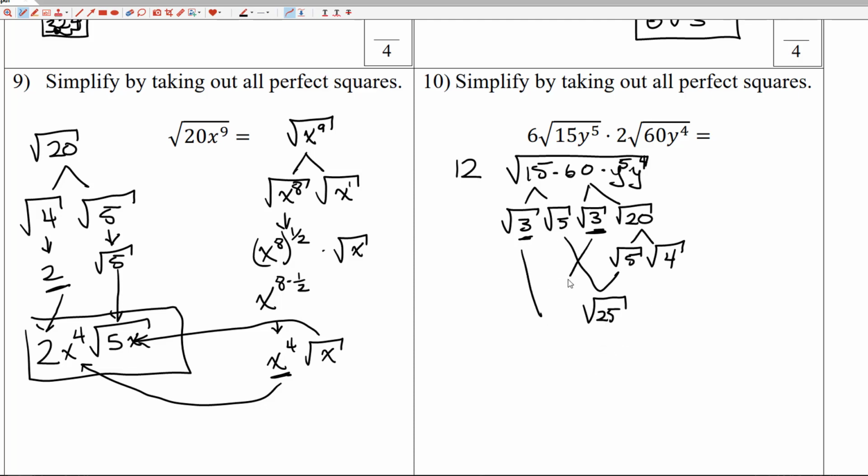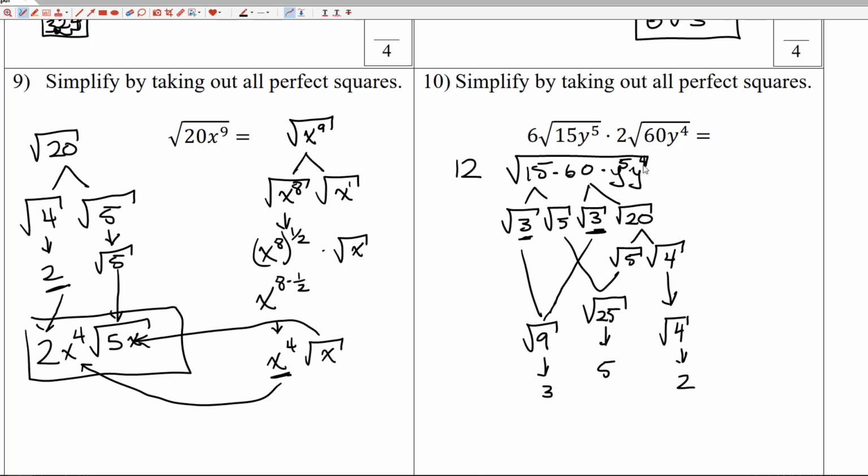These two together make the square root of 9, and then I still have the square root of 4, which actually works out really nicely. Check that out. Because this turns into 3, this turns into 5, this turns into 2, and we don't have any more square roots, which is really nice.